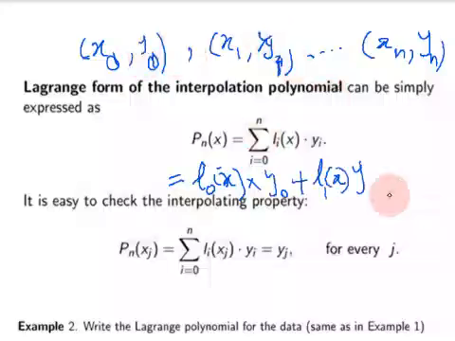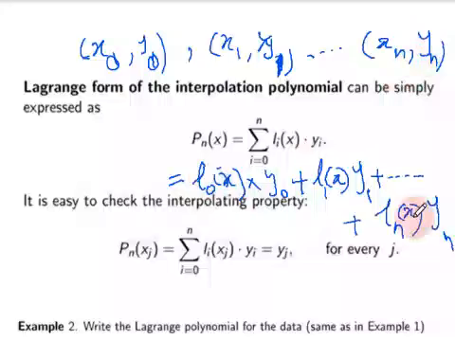Sorry guys, this should be 1 here. Each is multiplied by its value, and we consider this sum. This is called the Lagrange interpolation polynomial. And finally we have the nth cardinal function times the corresponding value y_n.